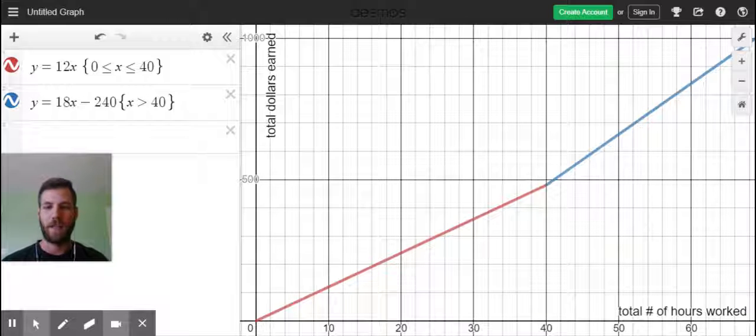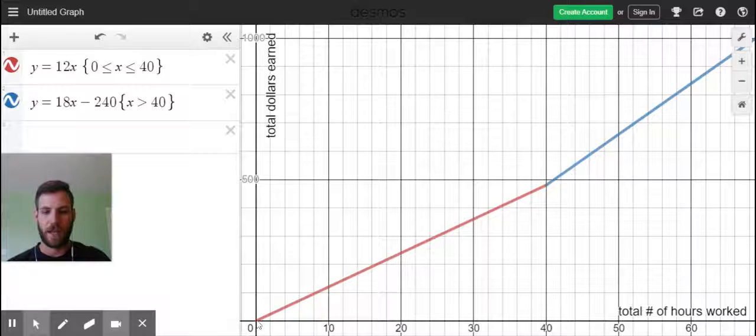You can see I've typed in brackets next to them the inequality that would go with each of these two equations. Then I'm getting paid $12 for every hour x, for 0 hours up to 40 hours. And my pay is represented by 18x minus 240 for my total money if I work more than 40 hours, x being greater than 40.